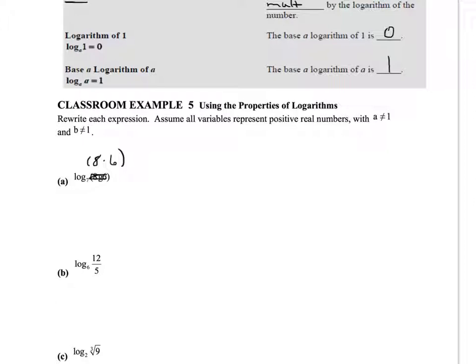If I go back and look at those rules, that product rule tells me that it would become log base 7 of 8, and because I was multiplying, I'm going to separate these with plus signs. So log base 7 of 8 plus log base 7 of 6. And that uses that product rule for logarithms.